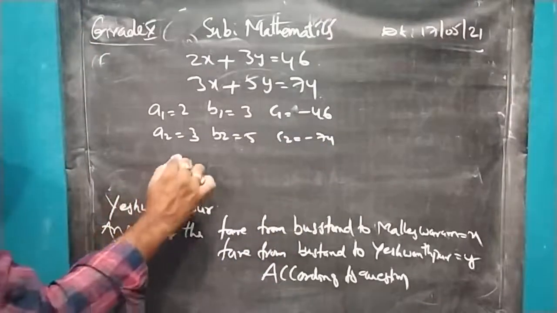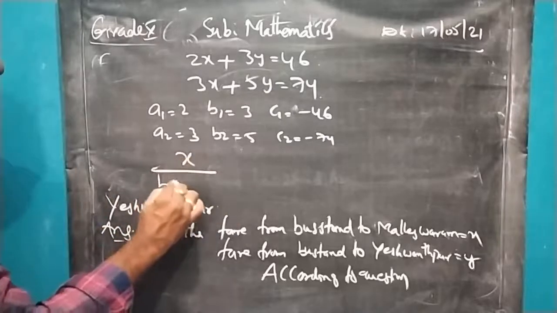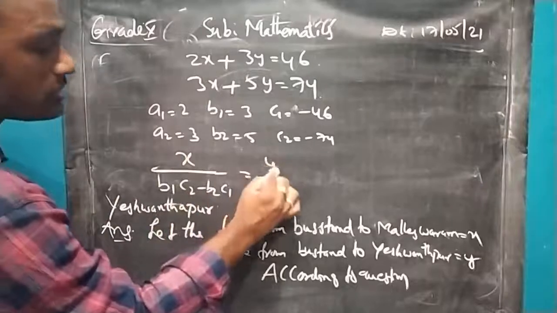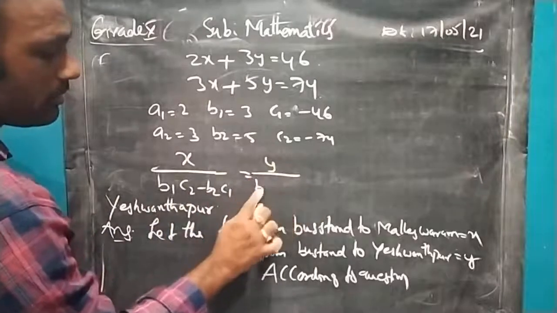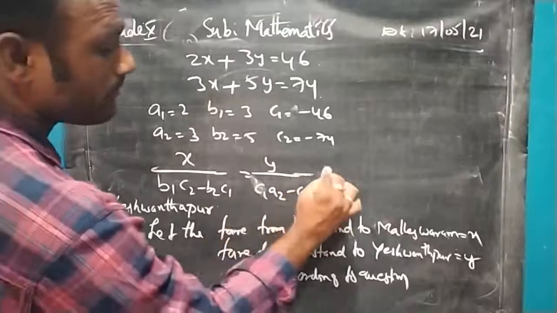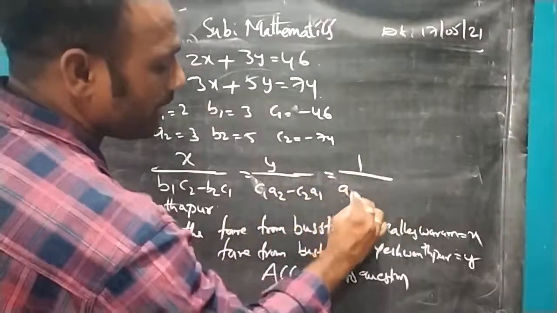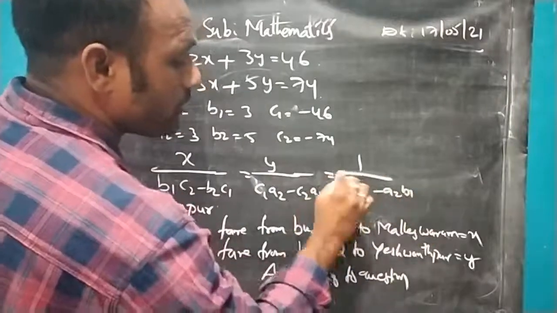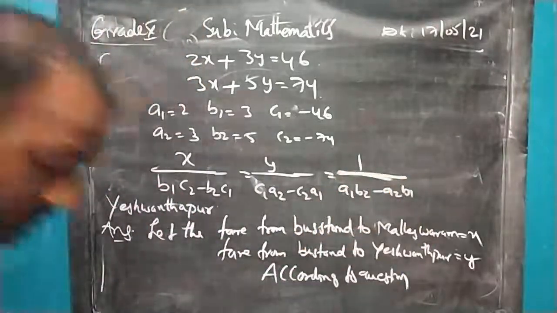Okay. What is the formula here? x by B1 C2 minus B2 C1 is equal to y by C1 A2 minus C2 A1 is equal to 1 by A1 B2 minus A2 B1.